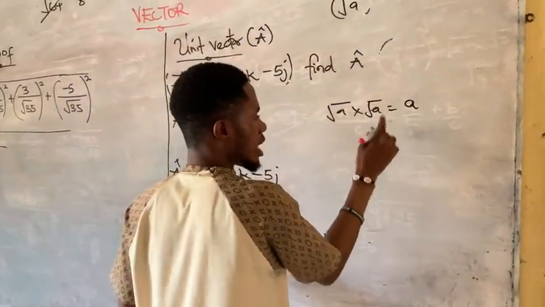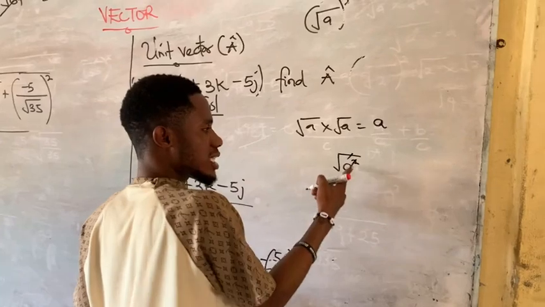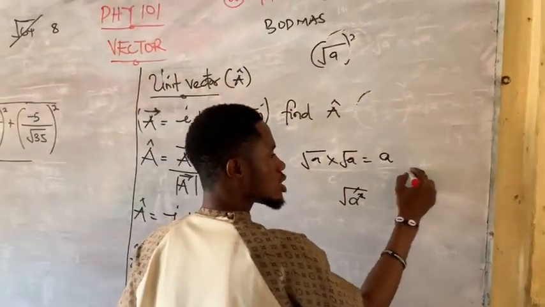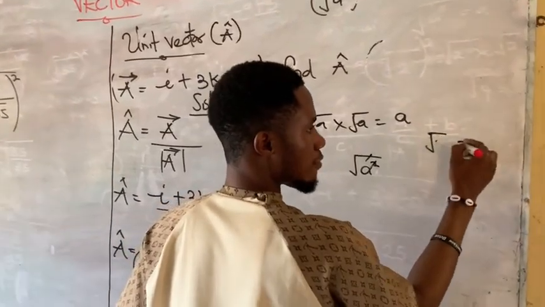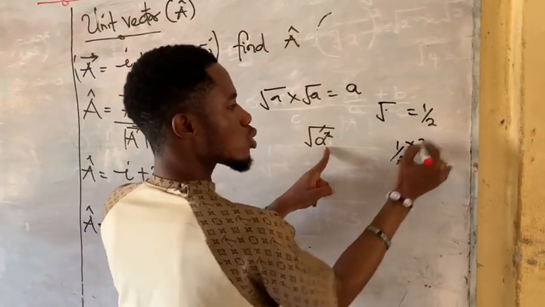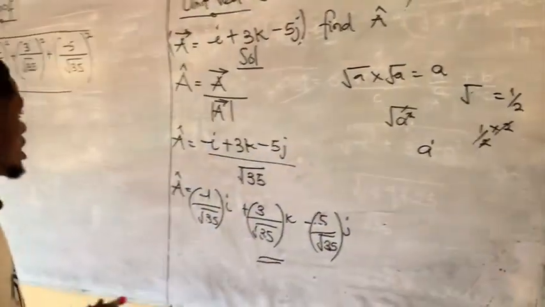Because A times A is A squared, and the square has a tendency to cancel the root, because root itself is equal to half. So it's like me saying half times 2, 2 cancels 2, 1 is left. So A is equal to 1. That's how to get it.